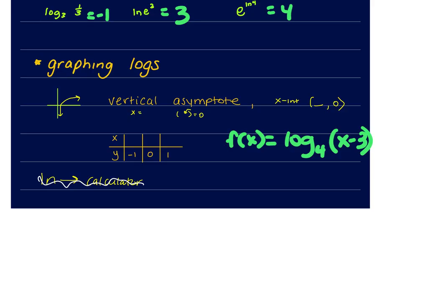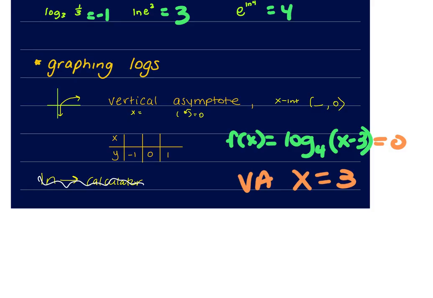So what impacts your vertical asymptote? Good. Horizontal shift, which exists inside your parentheses, right? So if I wanted to find my vertical asymptote, I simply set my parentheses equal to 0, and I'd get x equals 3.